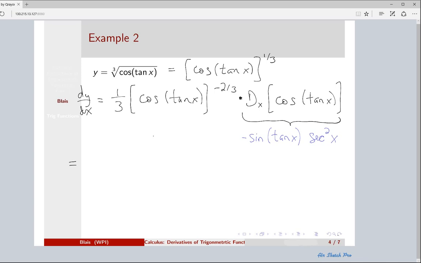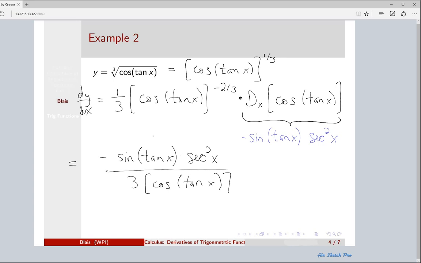So we have negative sine of tangent of x times secant squared x, all divided by 3 times the quantity cosine of tangent of x raised to the 2/3. So this would be a more challenging example because we're including the use of chain rule.